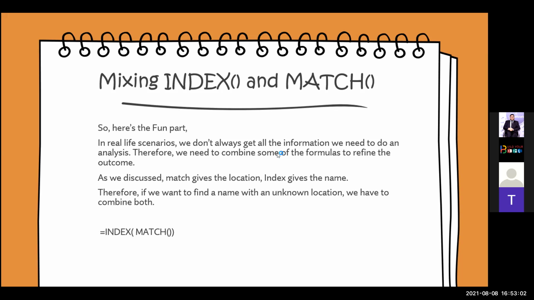So in one data set, we have the name and the location, and in the other data set, we have house numbers and the city, likewise. So this is how it's going to be. Because we need the name, we are going to put index, and then inside that, we are going to put a match function.